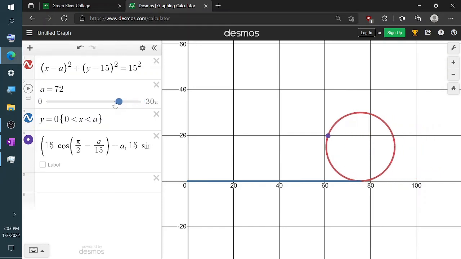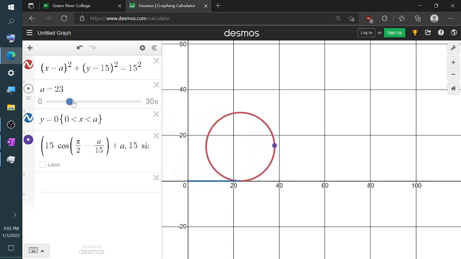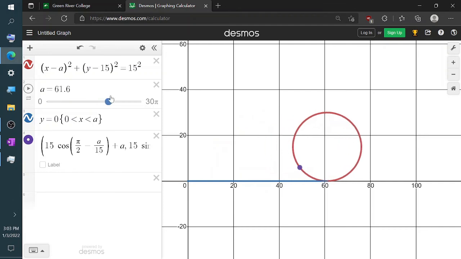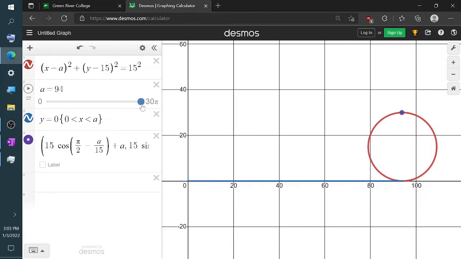Now I want you to notice something as this wheel completes one full revolution. Imagine that the bicycle wheel is covered in paint, is covered in blue paint. And as the bicycle wheel covered in blue paint rolls forward, this blue line segment on the x-axis will be exactly equal to the blue paint imprint left by the wheel on the ground.